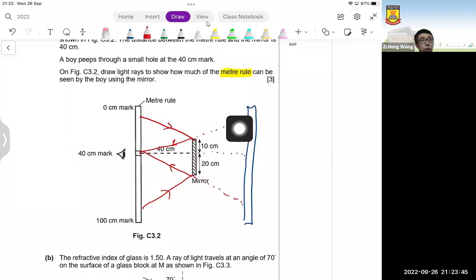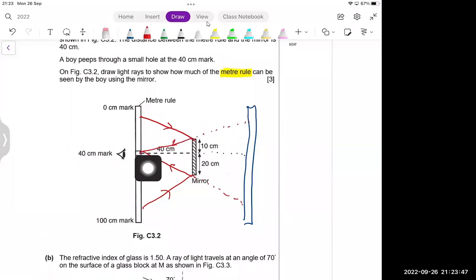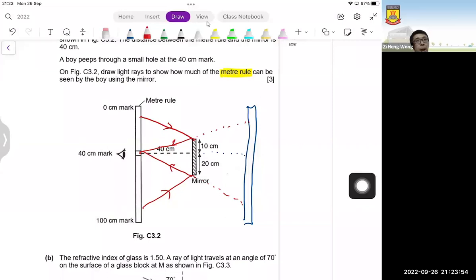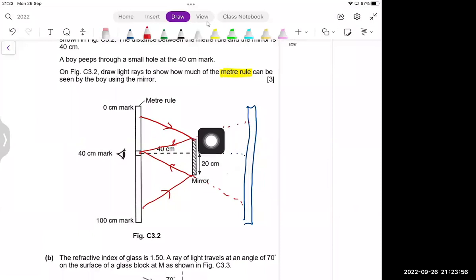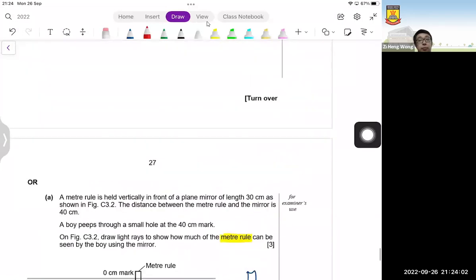But you will realize your eye always thinks that you're looking straight in one direction, looking at the image. So the dotted line is trying to symbolize that it is a straight line. Okay, thank you.